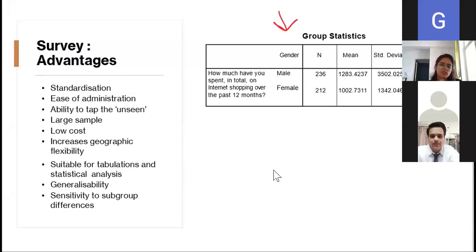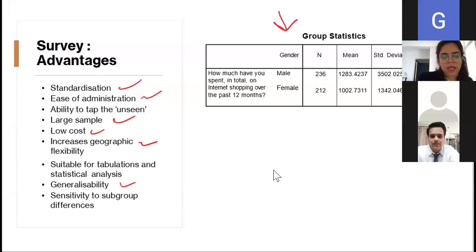So there's a kind of standardization that gives you geographical flexibility, and for doing the analysis, it's easier. You can do a large sample, so the cost is low. And there's standardization, ease of administration, because you know what each question needs. You can train your interviewers and get the questionnaire filled out.